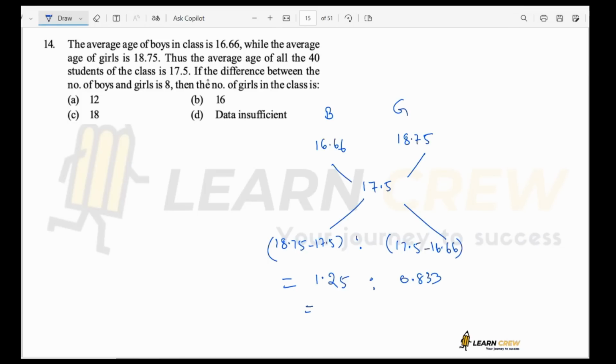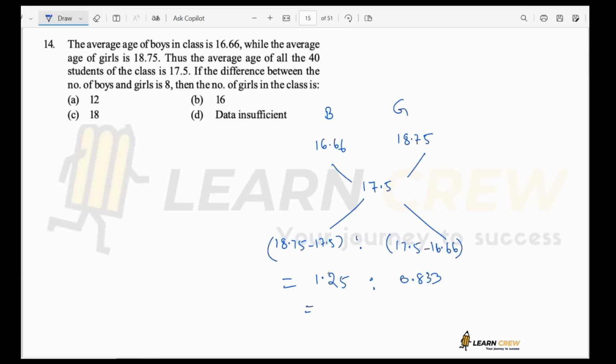It is given that the difference between the number of boys and girls is 8, then find the number of girls. 1.25 is to 0.833. What can I do?